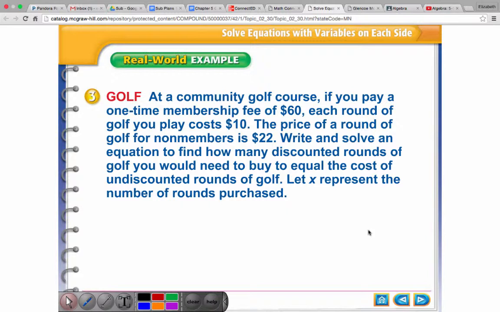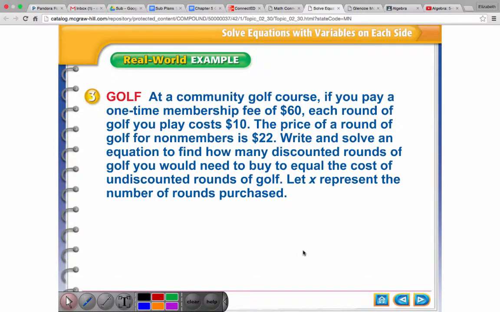Okay, so what if I golfed 2 rounds? If I was a member, I'd do 60 plus 10 plus 10, right? Or 60 plus 10 times 2, because I'm doing 2 rounds of golf as a member. If I was a non-member, I would do 22 times 2, right?